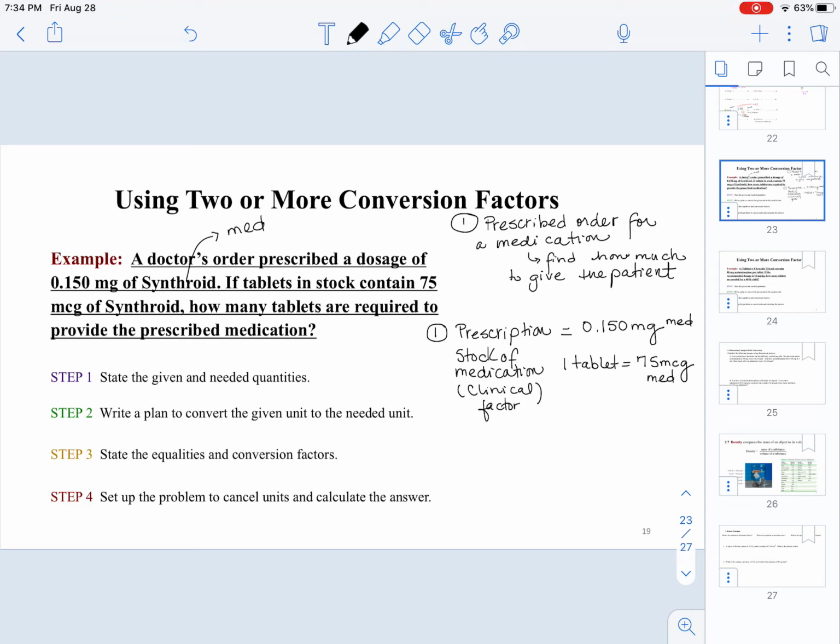One of the things that I want to highlight is that the units for the prescription are in milligrams, but what you have available is micrograms. So what does this mean? That the units of what is needed to give to the patient and what you have in your tablets are not the same.